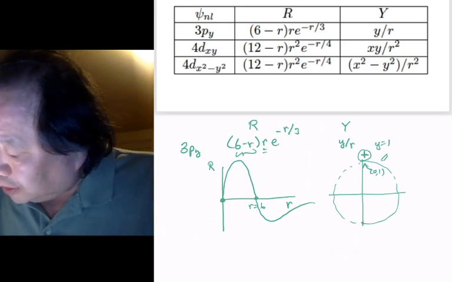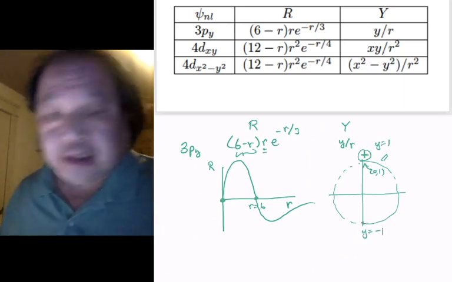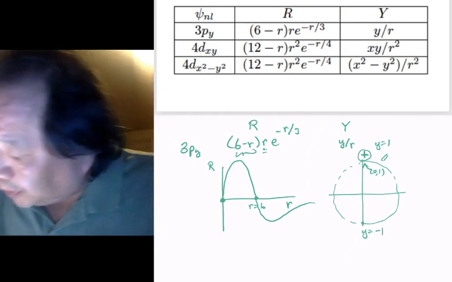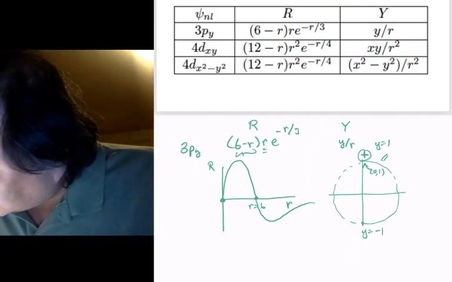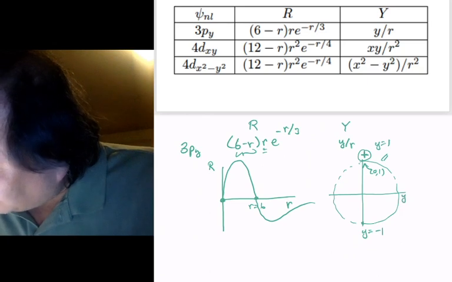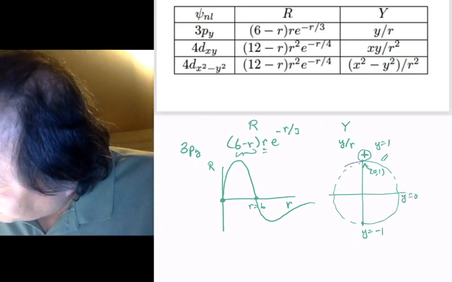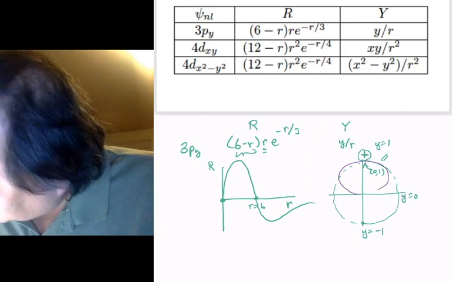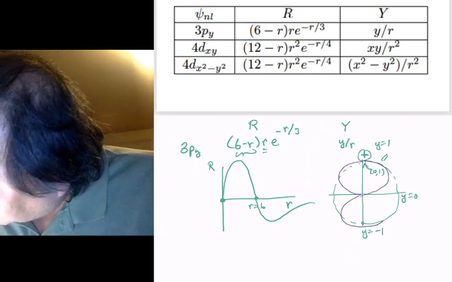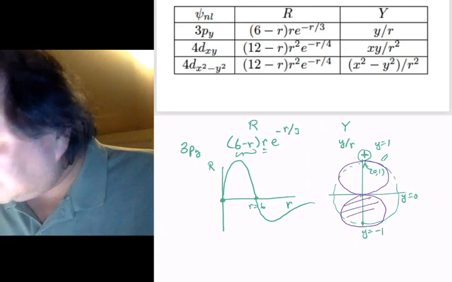Here, the value is y equals minus 1. It's negative here. And in this direction, y equals 0. If I were to plot that, I would get this curve. The negatives I'll draw like this.